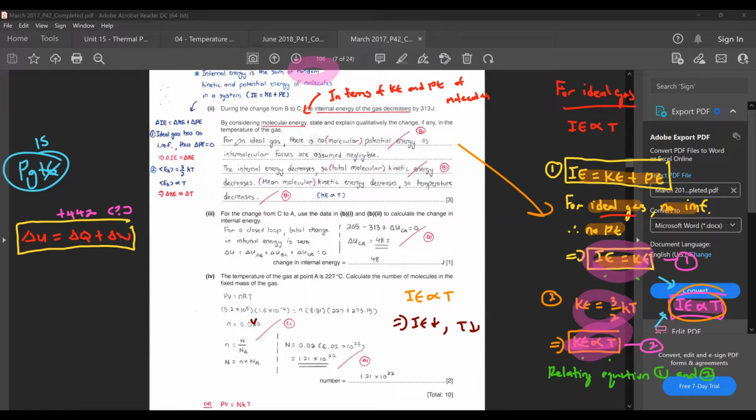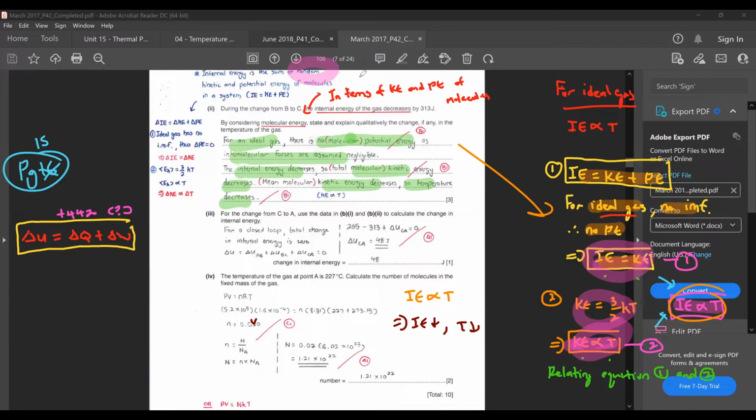You always say ideal gas has no intermolecular force or no molecular potential energy because intermolecular forces are negligible. So when internal energy decreases, total kinetic energy decreases. So when kinetic energy decreases, temperature decreases.